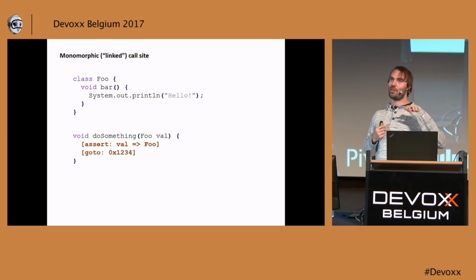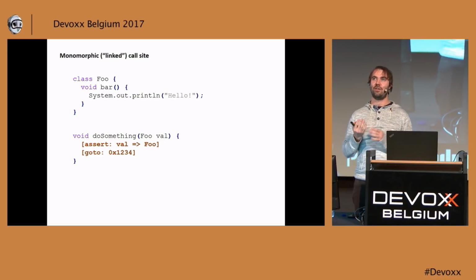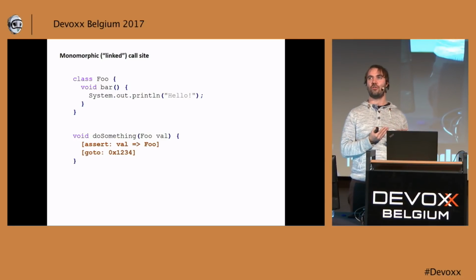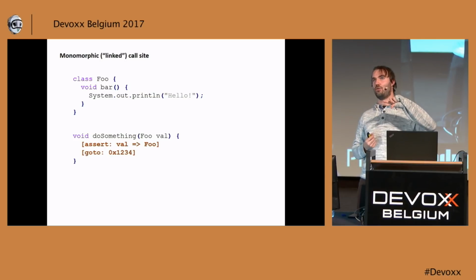So let's say foo doesn't even have a subclass, then it is trivial to assume that this dispatch will also always invoke the same method. Even though the method call by the conventions of the Java language is virtual, in practice it is not virtual because it's never overridden. So in the end, what the JVM can do is put an assertion there to make sure that this really is an assumption that is true.